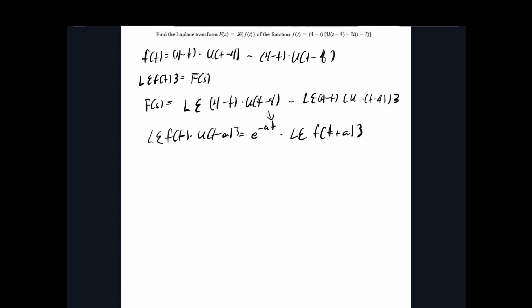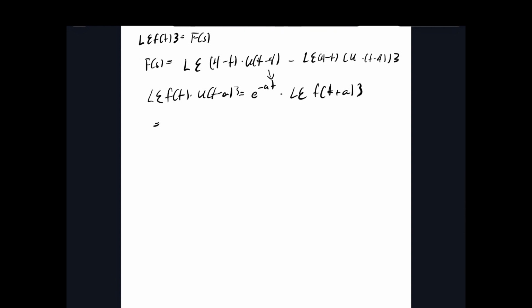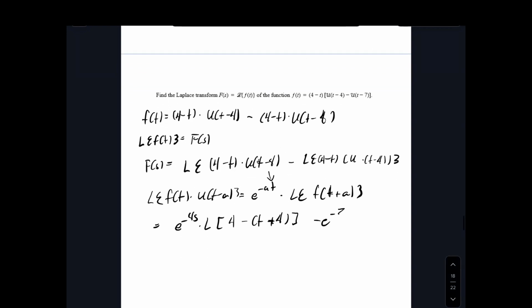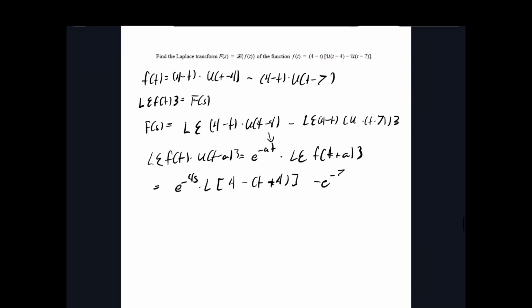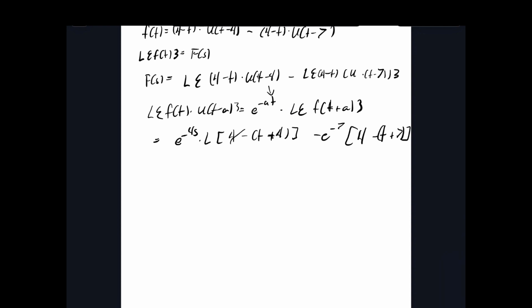Starting off, I get e to the negative 4s times the Laplace of 4 minus t plus 4. Similarly, e to the negative 7s times 4 minus t plus 7. So this will cancel.